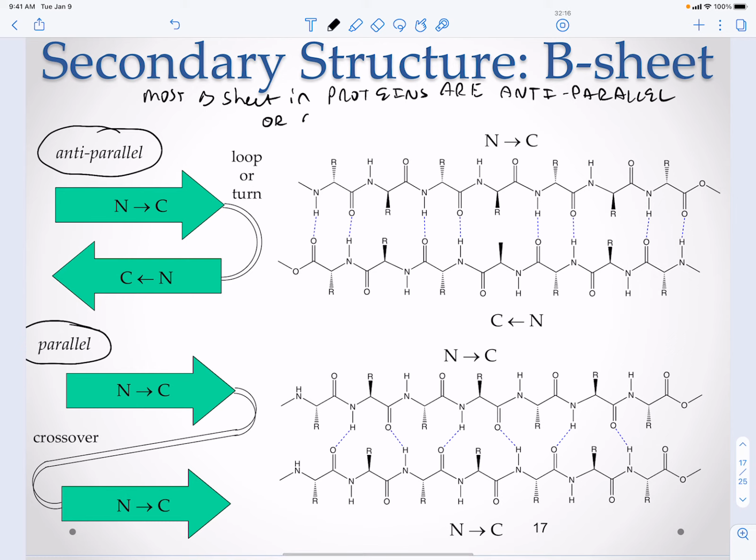So I'll put or mixed. And it's rare to only have parallel. And so you can see that the anti-parallel is more organized. It follows more organization, whereas the parallel, because of the way that it is folding onto itself, it has to do a crossover. And so this is not as organized.